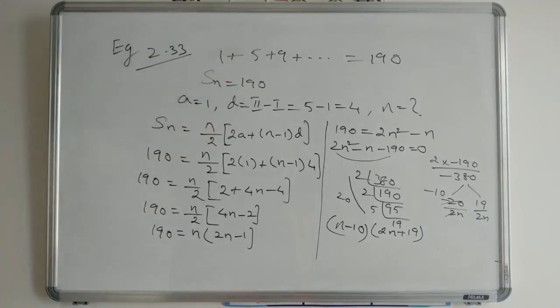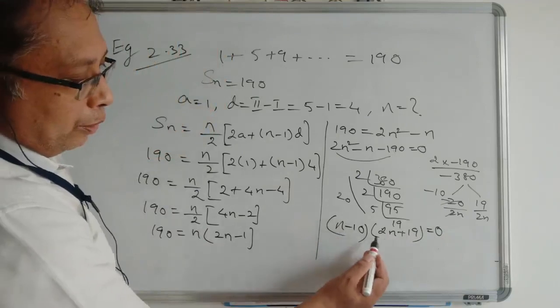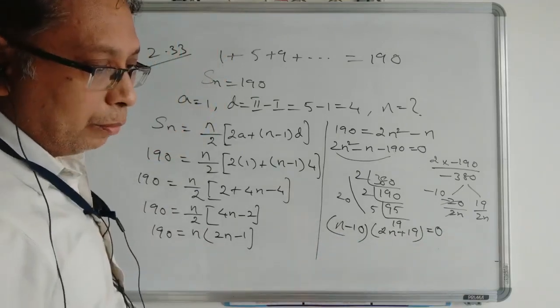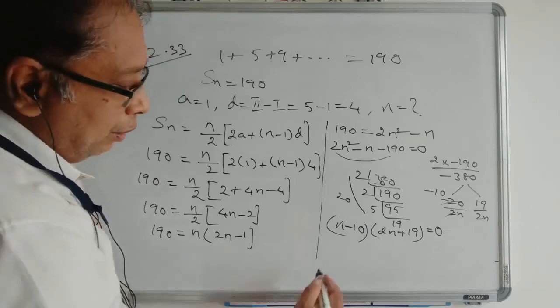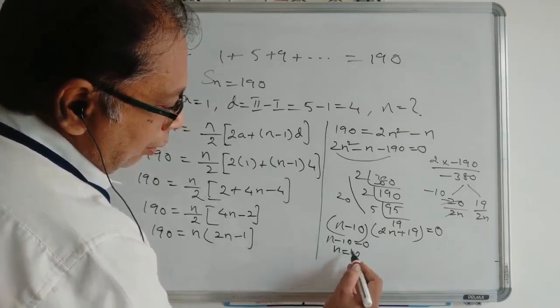Now we have the two factors, and we set them equal to 0. I take the first factor, n minus 10, and 2n plus 19. 2n plus 19 gives a negative value, therefore you leave it.